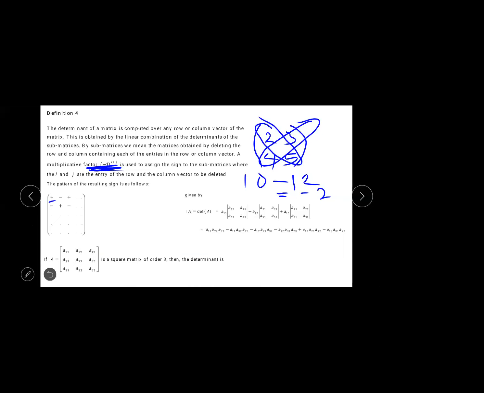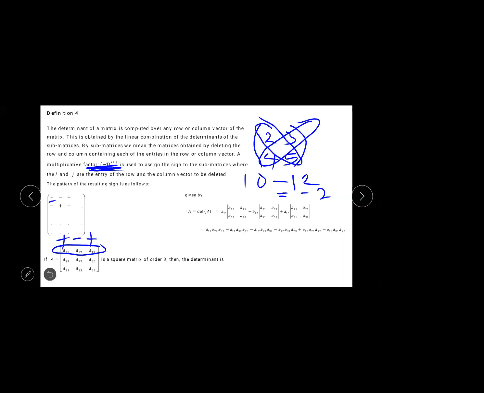The first thing you are going to do is pick a row here. If you are picking the first row, for example, you alternate the sign: plus, minus, plus.